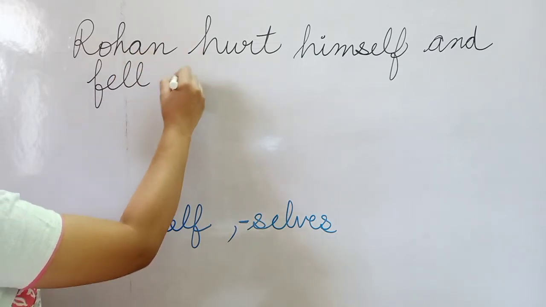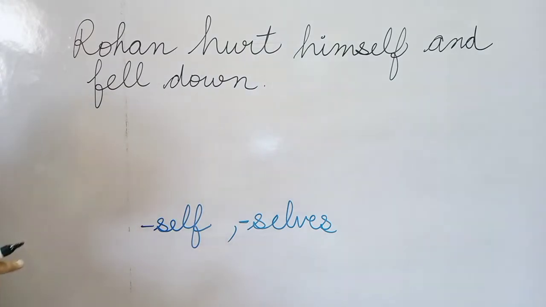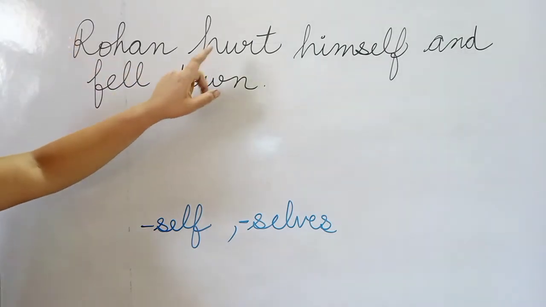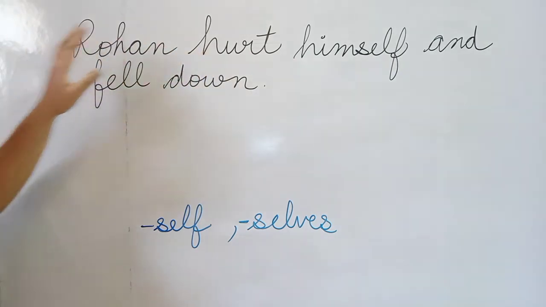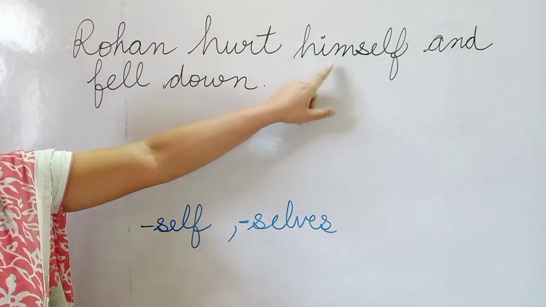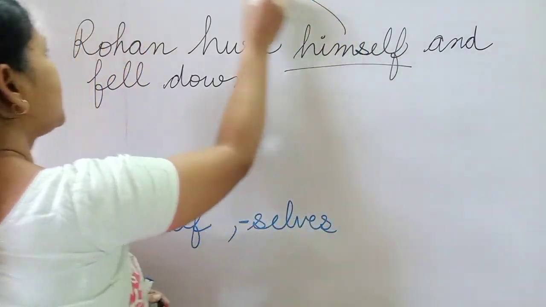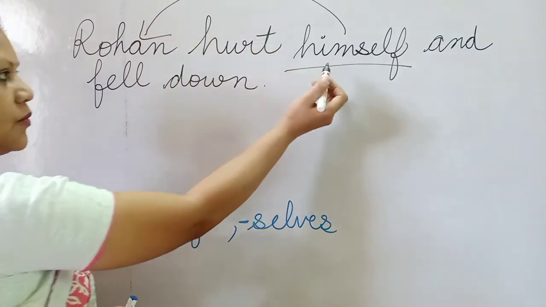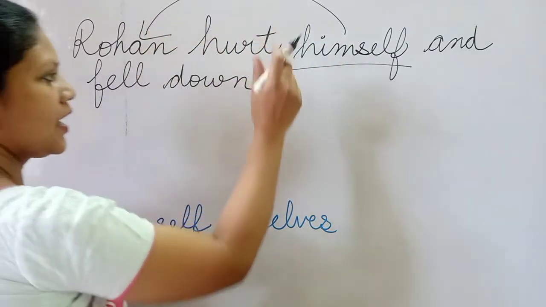So who is the doer of the action, children? If you observe this sentence carefully, you will find that the subject Rohan is the doer of the action. And what is the action? Here, the verb hurt is the action. So this reflexive pronoun himself refers back to the subject. Who is himself here? Himself is Rohan.